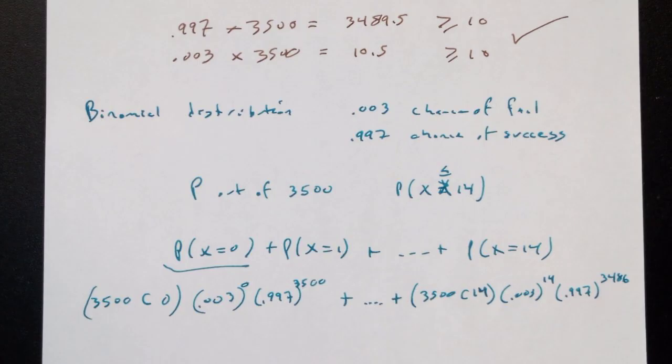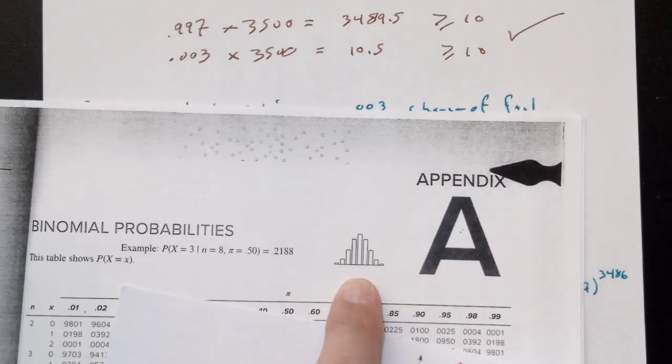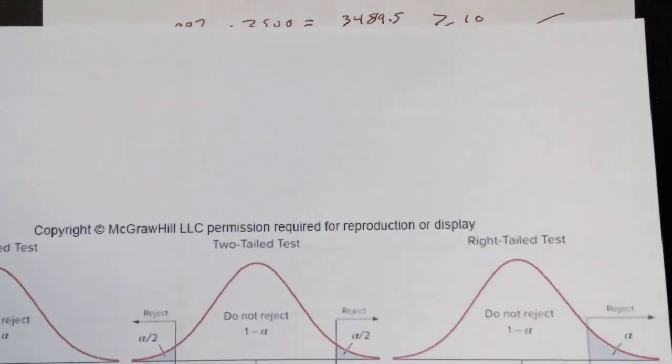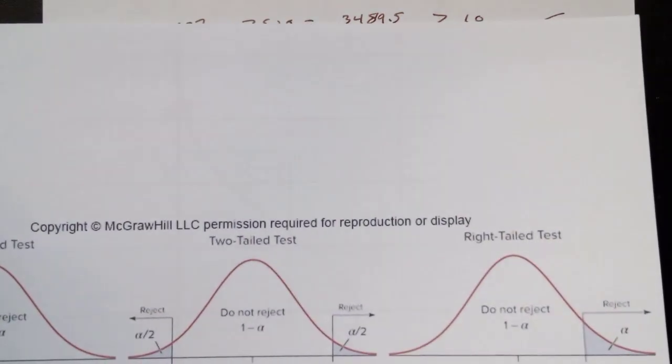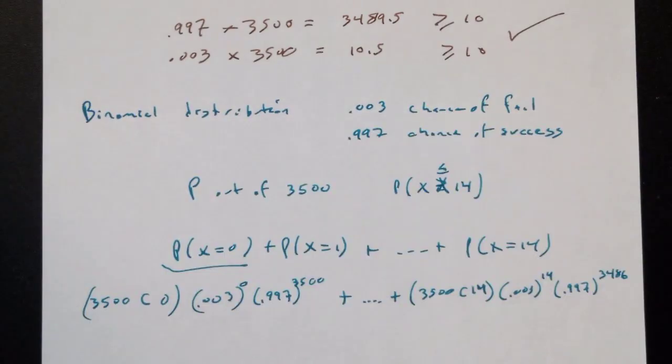But you see how I can take a normal-ish or a t-distribution looking thing and say, I don't actually know if it's normal or not. Let's replace it with our binomial. Because that picture really does kind of look like this one. It's just discrete instead of continuous.